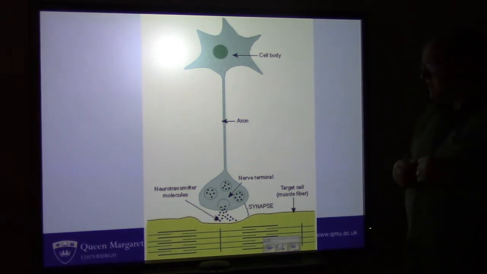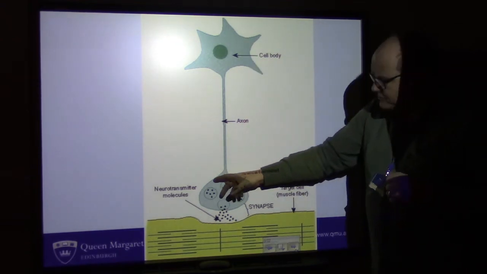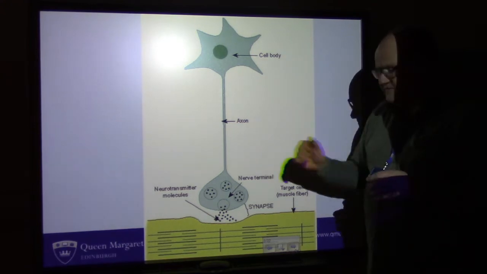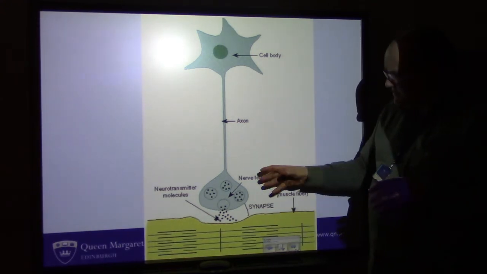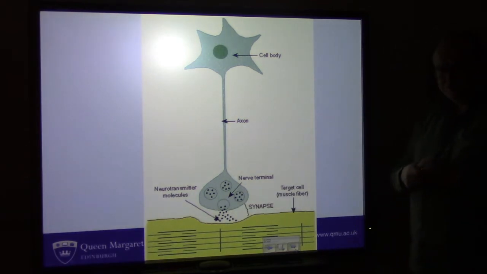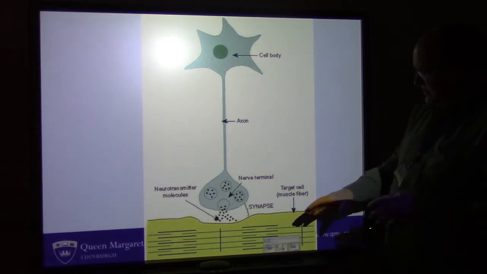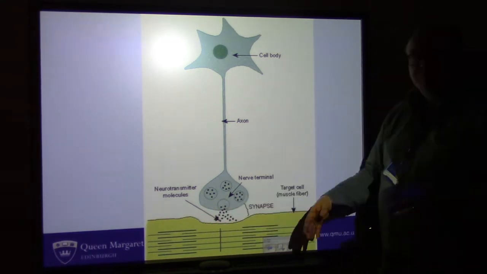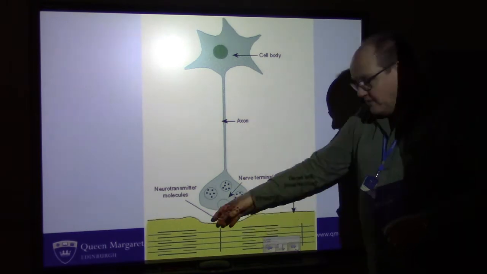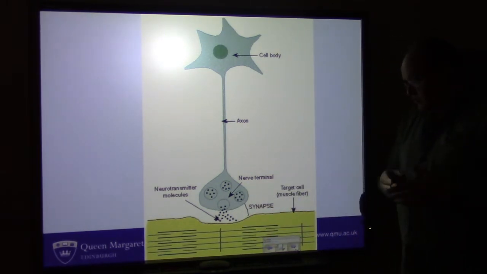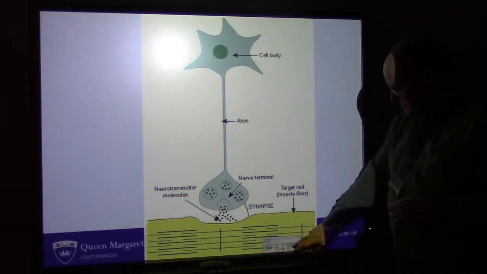Once it gets down to the terminal here, the presence of the action potential influences the influx of calcium, and the influx of calcium here promotes the release of the neurotransmitter by the process known as exocytosis. And that's what we're seeing here, where it goes across and works on receptors, postsynaptic receptors on the muscle fibre. And these receptors are going to be cholinergic receptors, responding to acetylcholine.